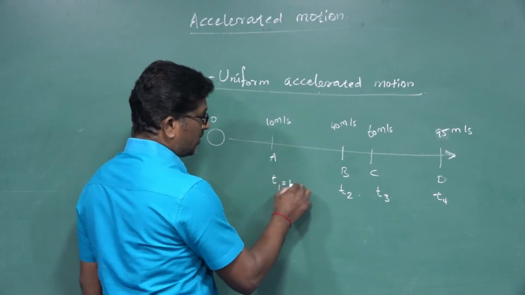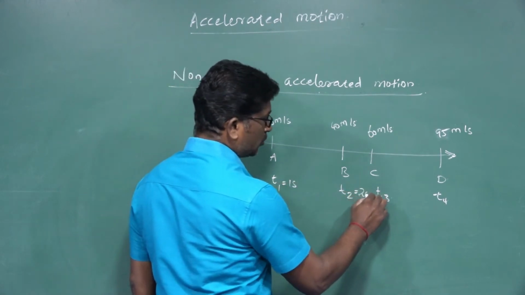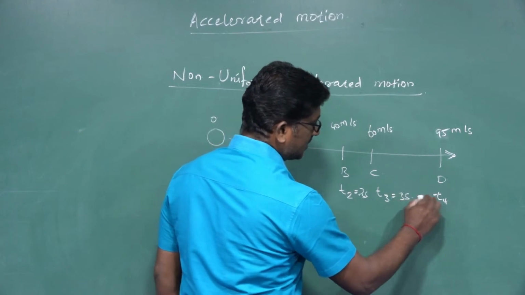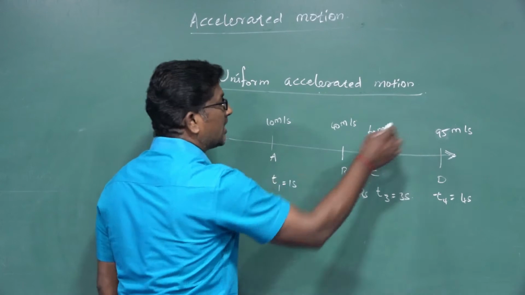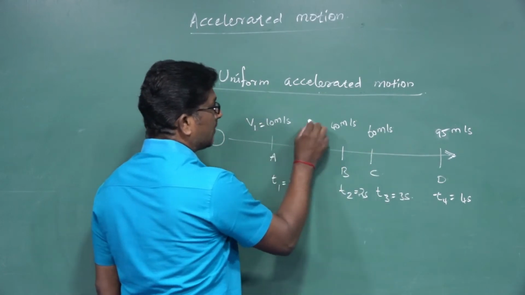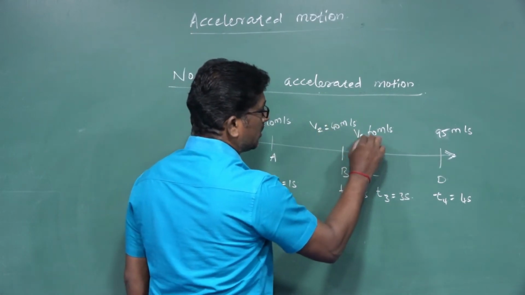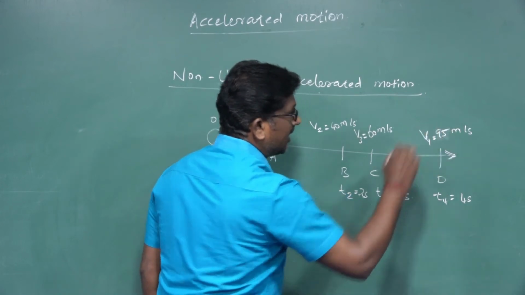T1 value is 1 second, T2 is 2 seconds, T3 is 3 seconds, and T4 is 4 seconds. Suppose these velocities are taken as V1, V2, V3, and V4.